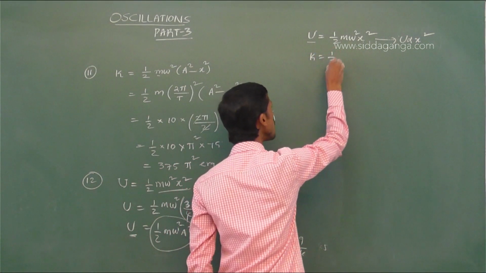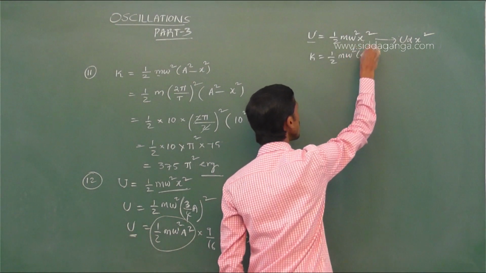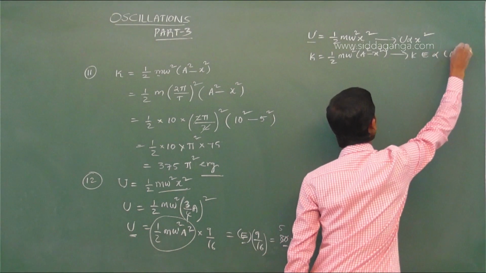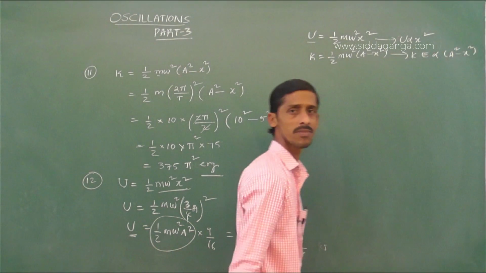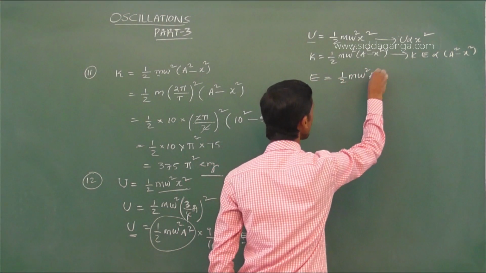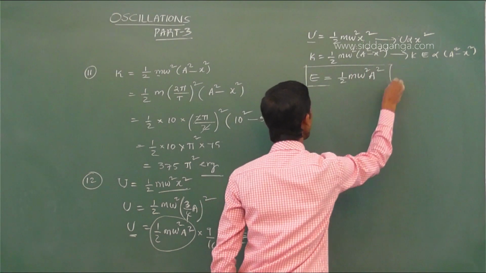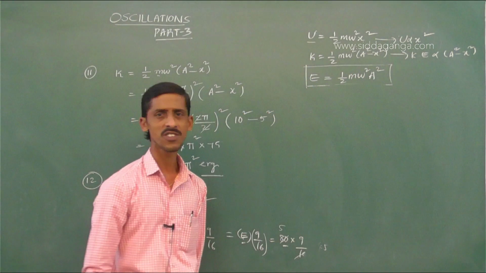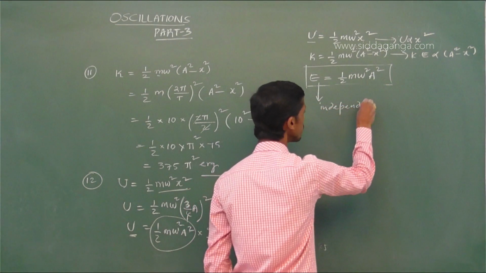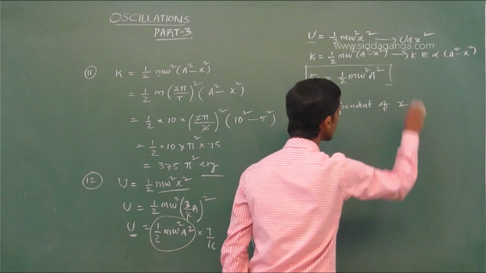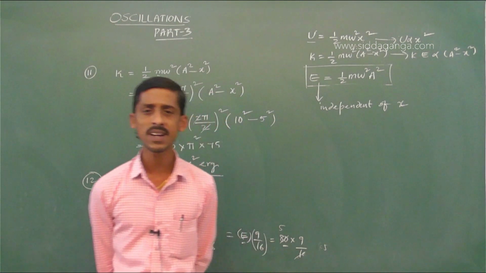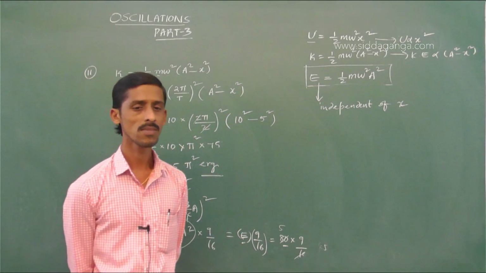Kinetic energy is half m omega square times a square minus x square, so kinetic energy also depends on position. But total energy remains constant. Total energy does not depend on position. Total energy is independent of position. So the answer is independent of x. Next question.